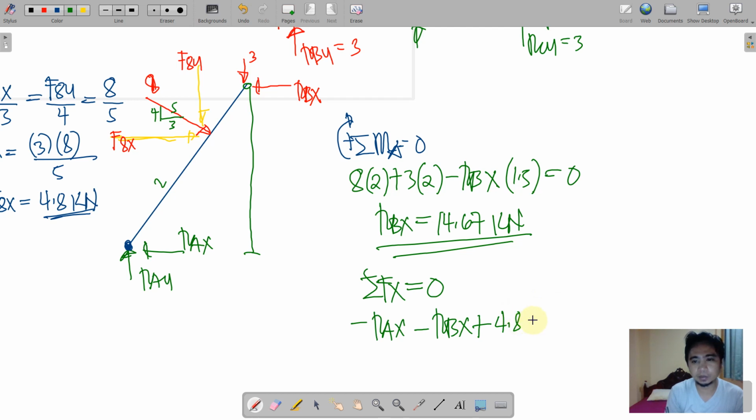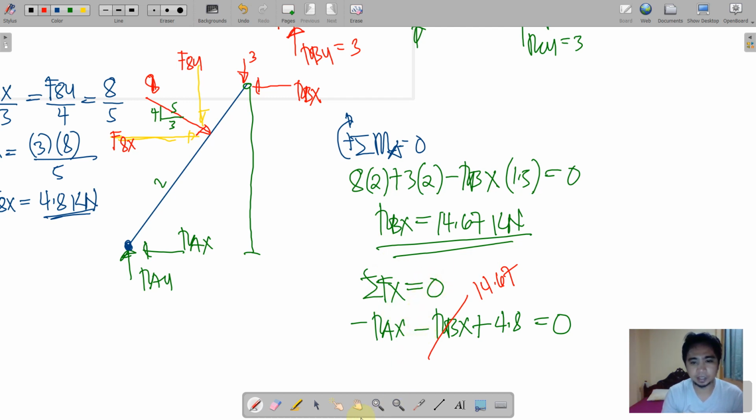So this is equal to 0. So pwede na nating ilagay dito 14.67. So negative 14.67 plus 4.8, we have negative 9.87.